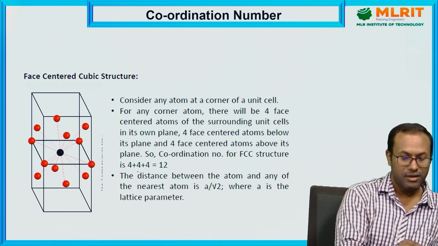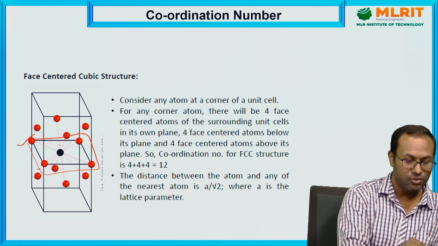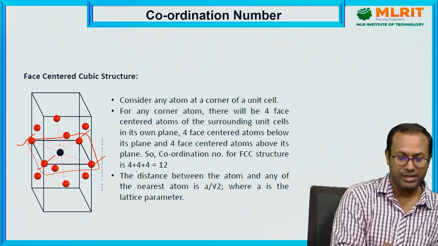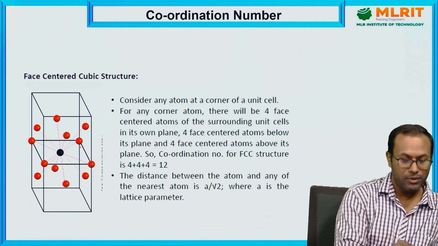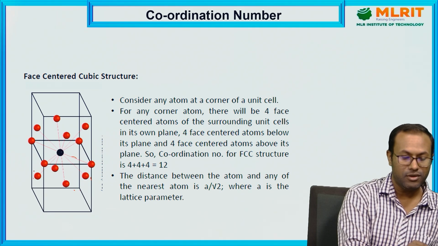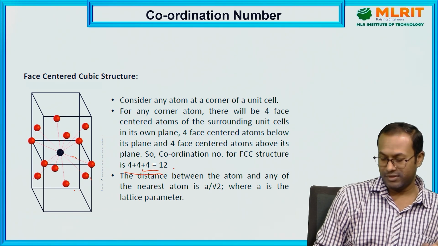Next on this plane there are 4 corner atoms, 1, 2, 3, 4. So that is another 4. And next in the bottom unit cube, there are 4 side wall atoms. So there is another 4. Total coordination number for FCC is 12.